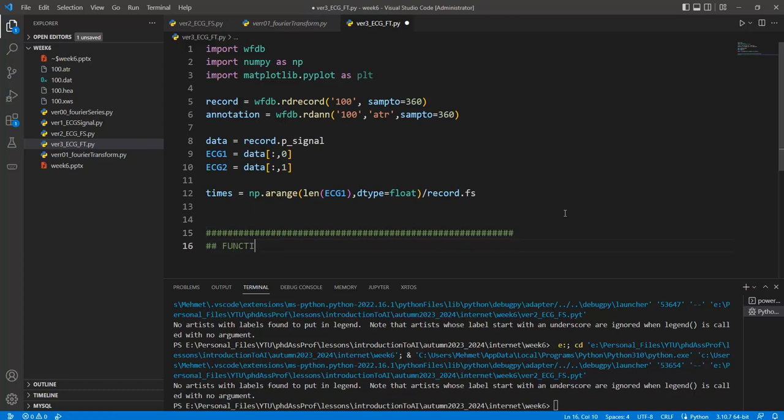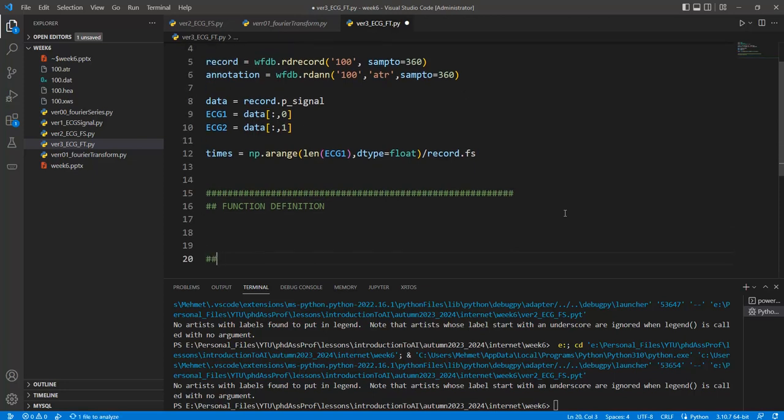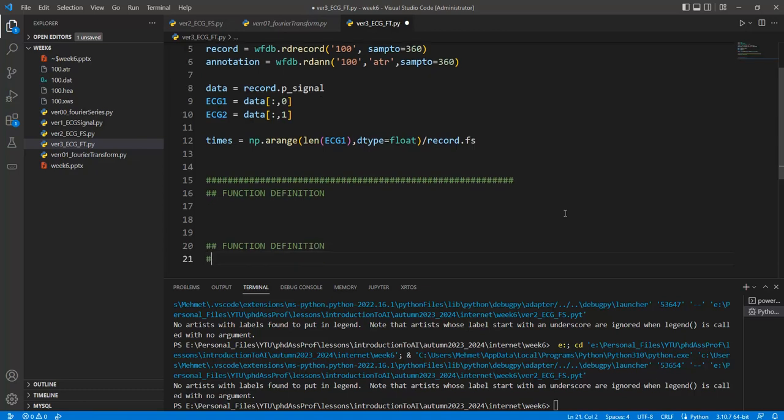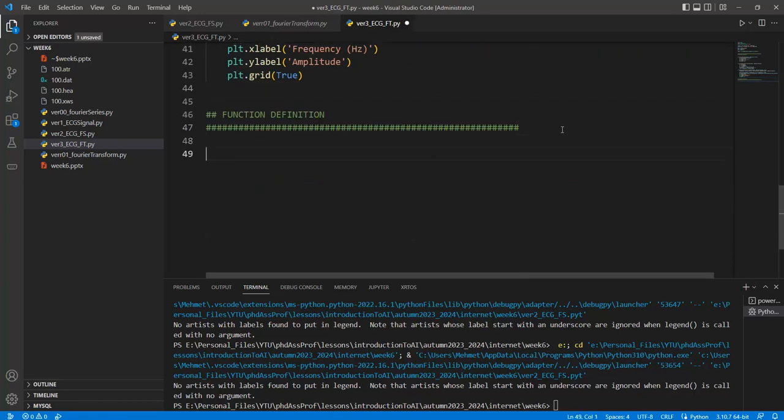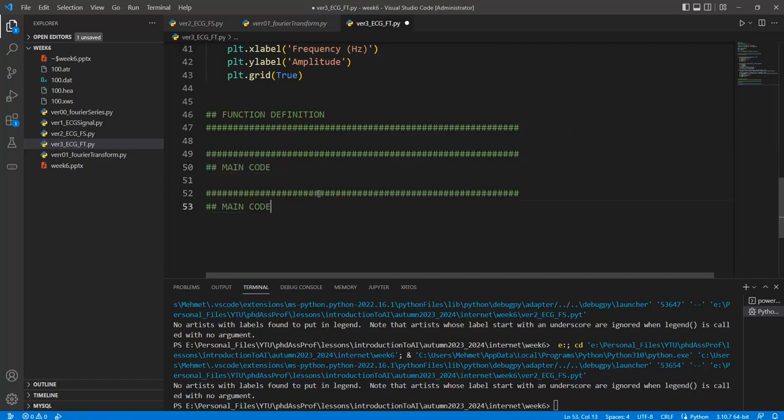We own it. Okay, and so the main code can also be given in here, like this one.